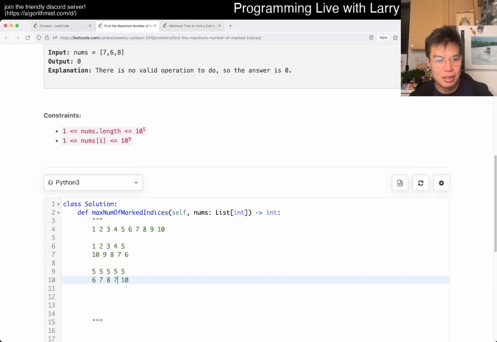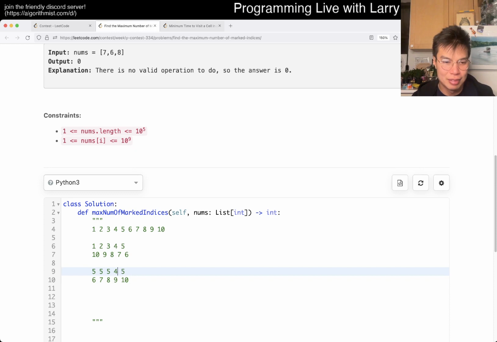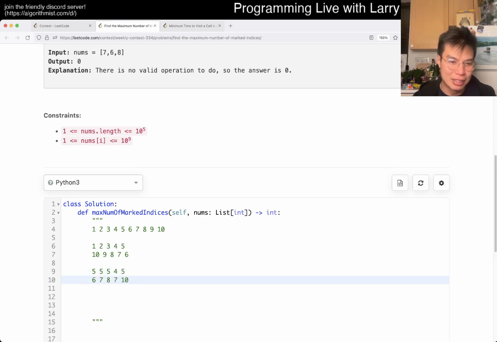Let's convert this, I guess this is fine too, but the 5 is a little bit weird. Let's say we have something like this, right? The idea is that if we switch this one with this one, or let's say we look at the last two pairs of numbers instead, and we match the 10 with the 4.